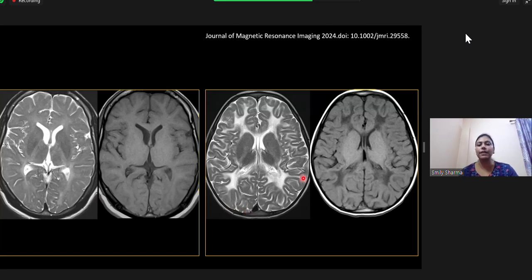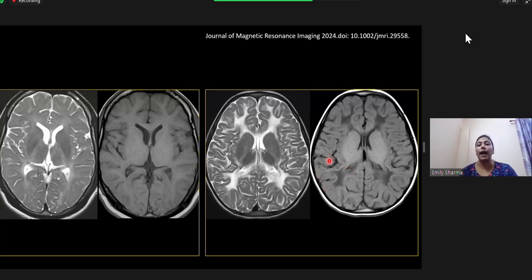The difference between hypomyelinating and demyelinating leukodystrophy is that in hypomyelination on MR appearance we see a mild hyperintense signal of the white matter, whereas in demyelinating leukodystrophies the white matter hyperintensities are much more conspicuous, and there is more commonly an associated T1 hypointense signal.